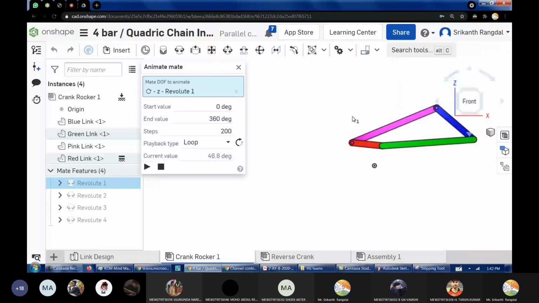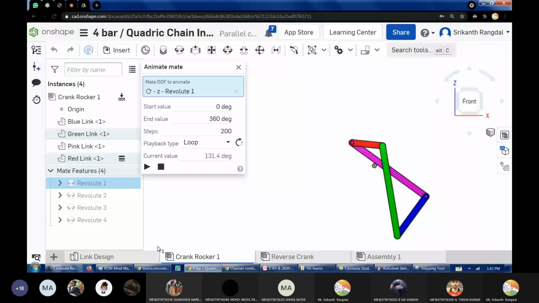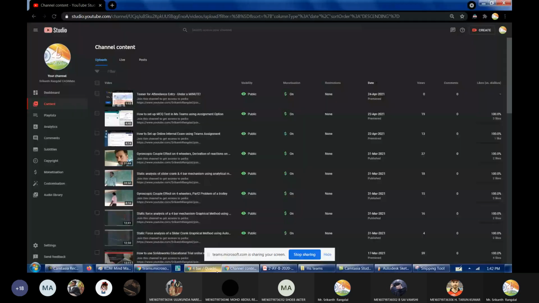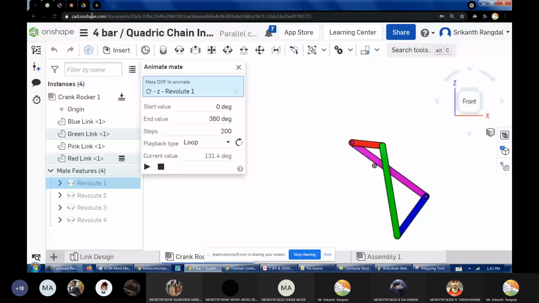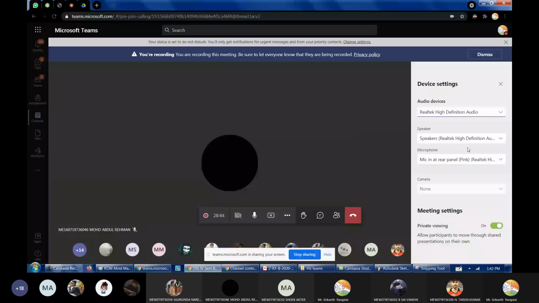Is there a setting that can allow me to do this? Let me check. There is no setting for reducing it. Video quality cannot be reduced.